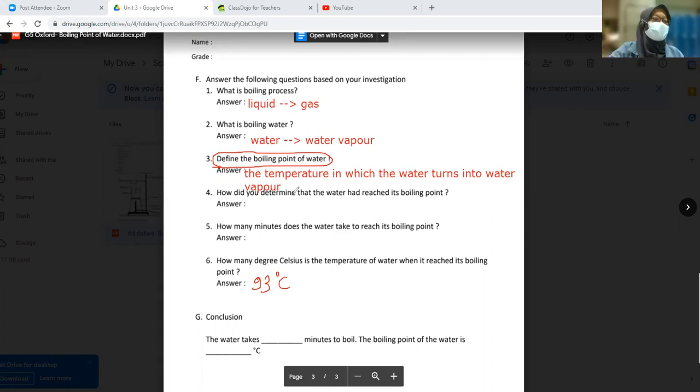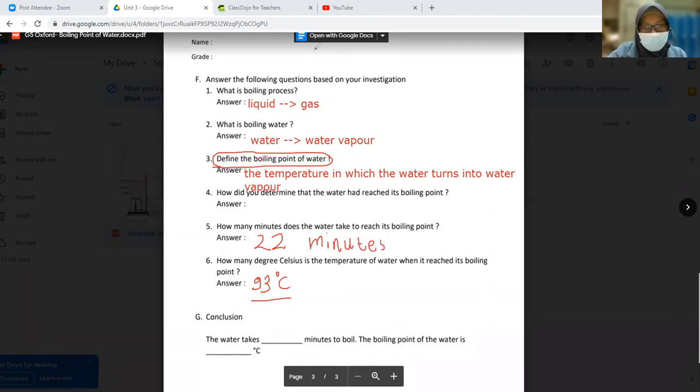So the air pressure in the place where we boiled the water is not 1 atmosphere. It is more than 1 atmosphere. That's why the water boiled before it reached 100 degrees Celsius. You're going to study this more when you are in middle school.